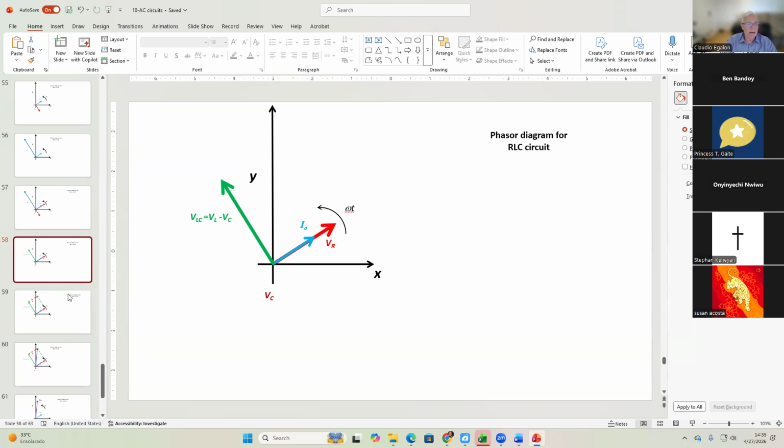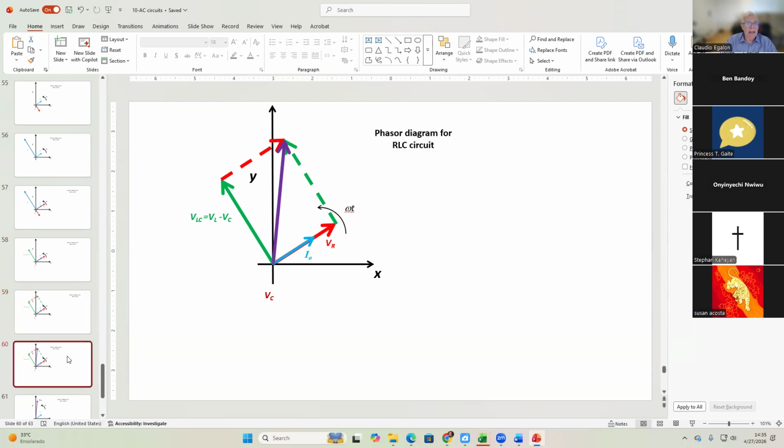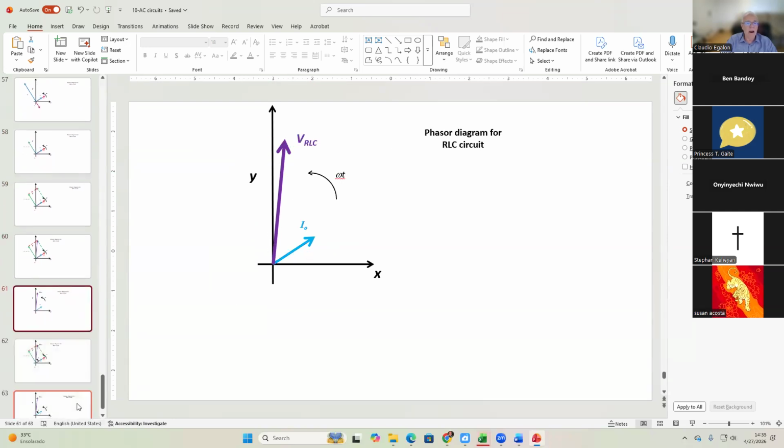Okay? You go. And that's the VRLC. What you see here is the VRLC. Okay? And then we do have this phase difference between the net voltage through the system and the current.